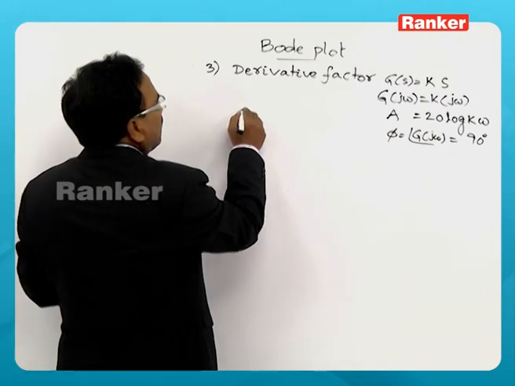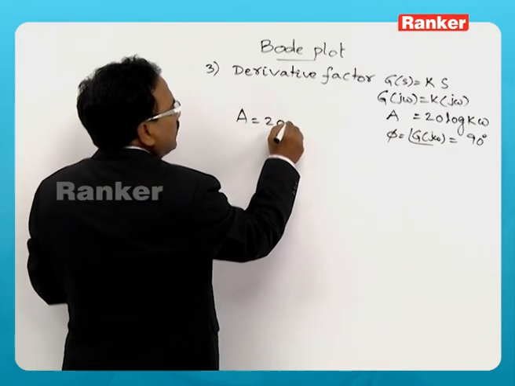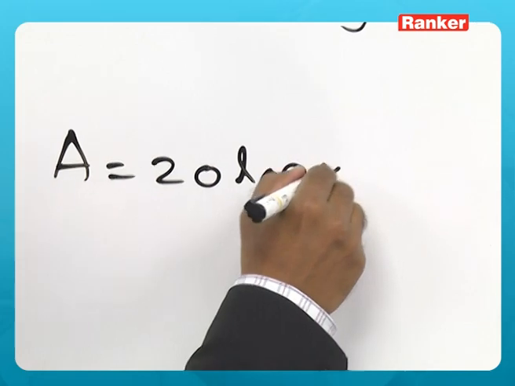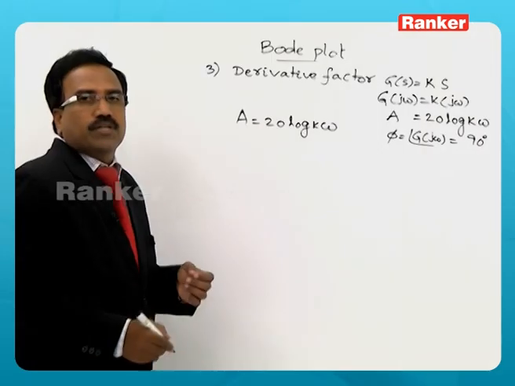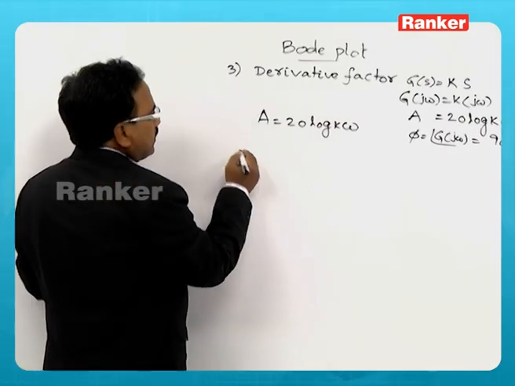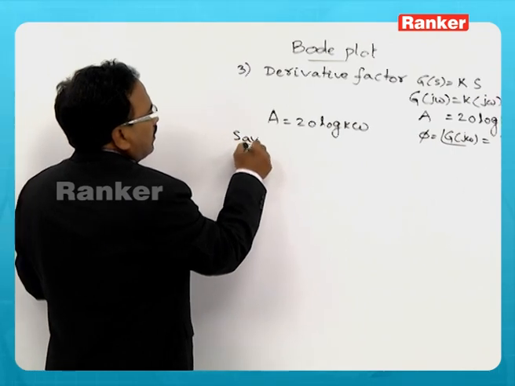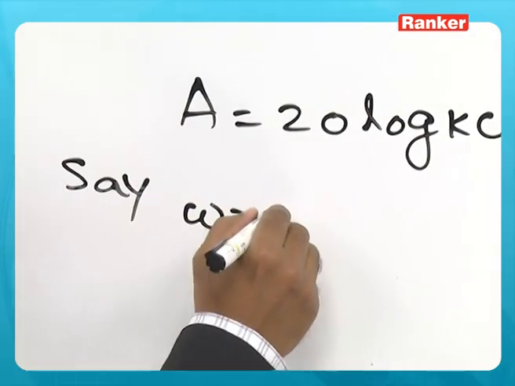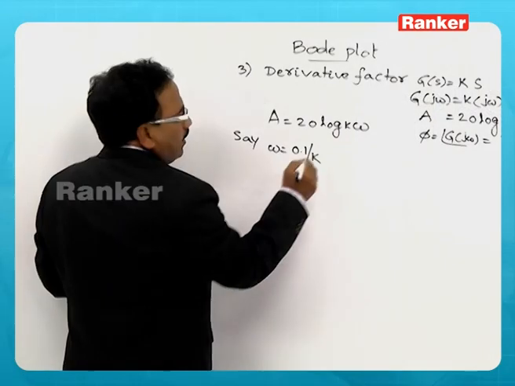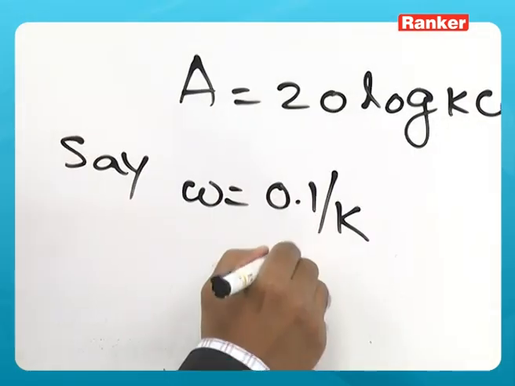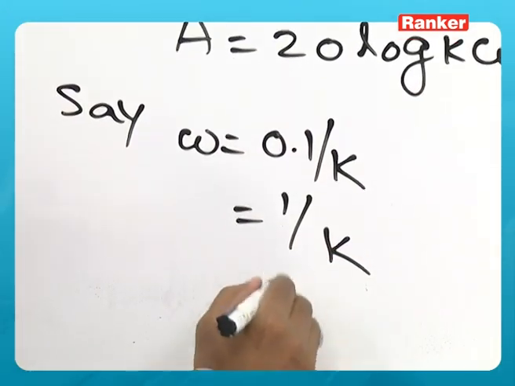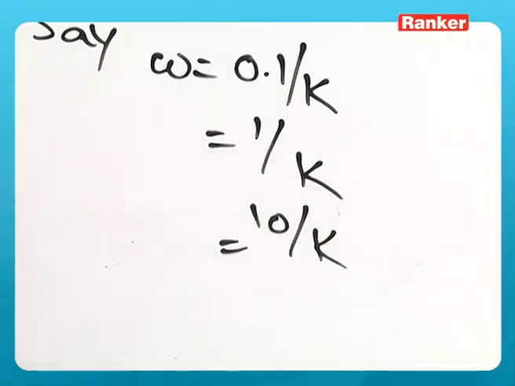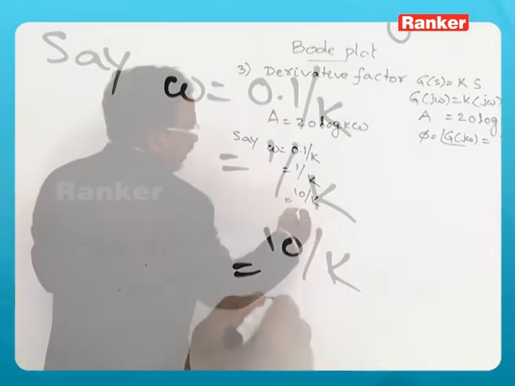Now, if you take that magnitude a is equal to 20 log k omega, I want to see for different values of omega how it changes. So, say omega equal to 0.1 by k, 1 by k, 10 by k and so on. You can even go for 100 by k.